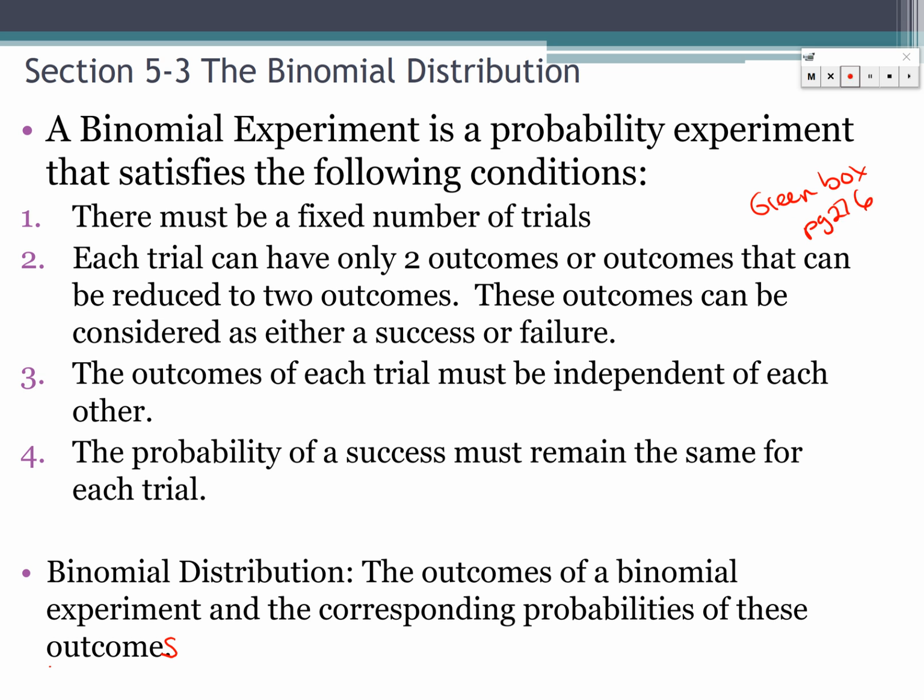The binomial experiment definition. Green box on page 277. So if I flip ahead, I'm going to keep jotting those things down for you guys. If I flip ahead, you know exactly where to go to finish the definitions. Okay, so don't wait for me. We are short today, so I don't have that luxury today to wait for everybody.